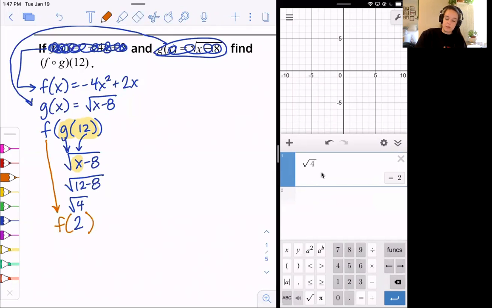And then I have f of 2, right? So I'm going to take my 2 and plug it into my f equation. Remember my f equation is negative 4x squared plus 2x.